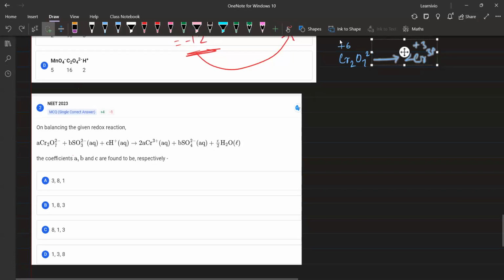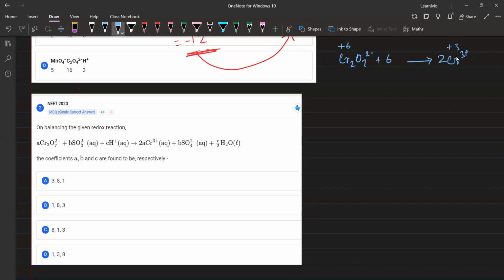So 3 times 2 is 6, and just going from +4 to +6 will be requiring 2 electrons. So I multiply by 3 here, and the equation is 3 SO3 2 negative gives 3 SO4 2 negative plus 6 electrons.